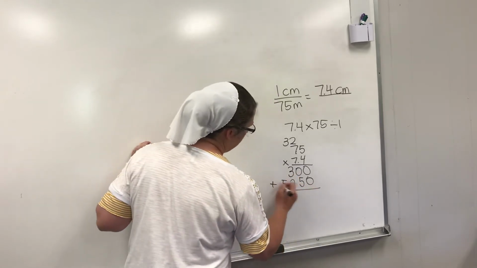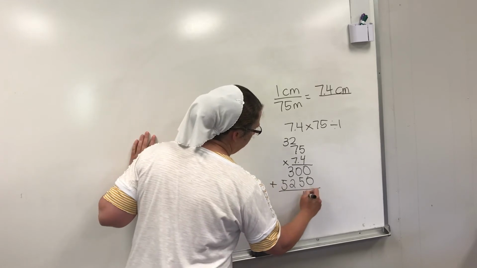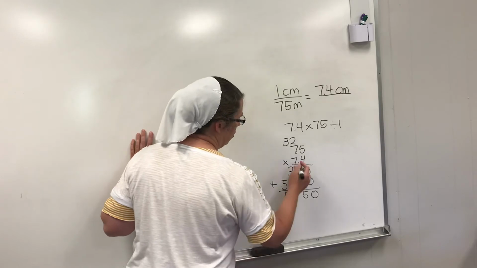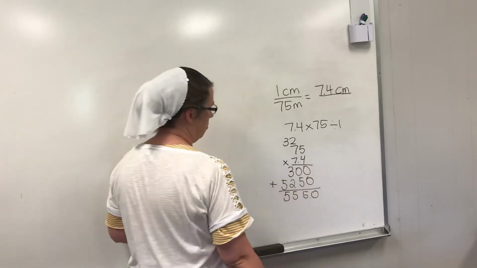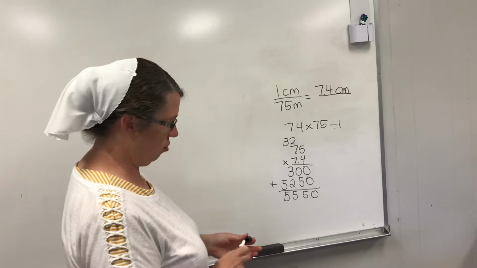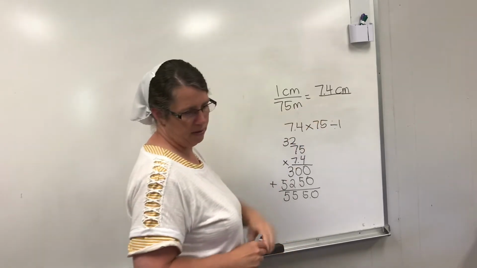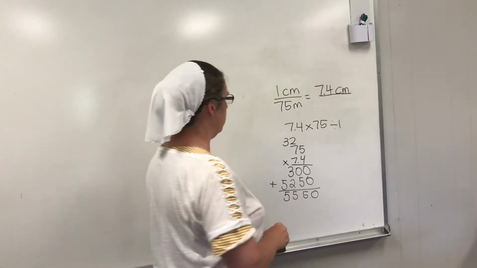Add that together, you have 0 and a 5, 5, 5. Don't forget your decimal. Your answer should come out to 555 meters. 555 meters.